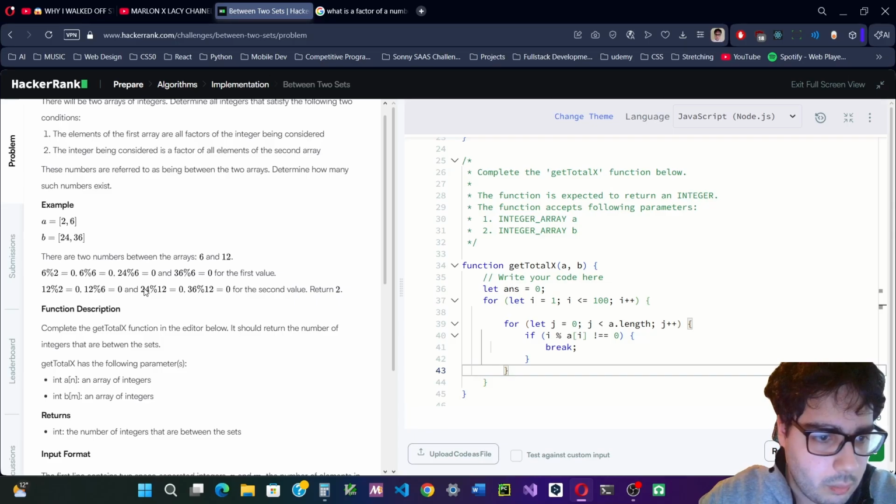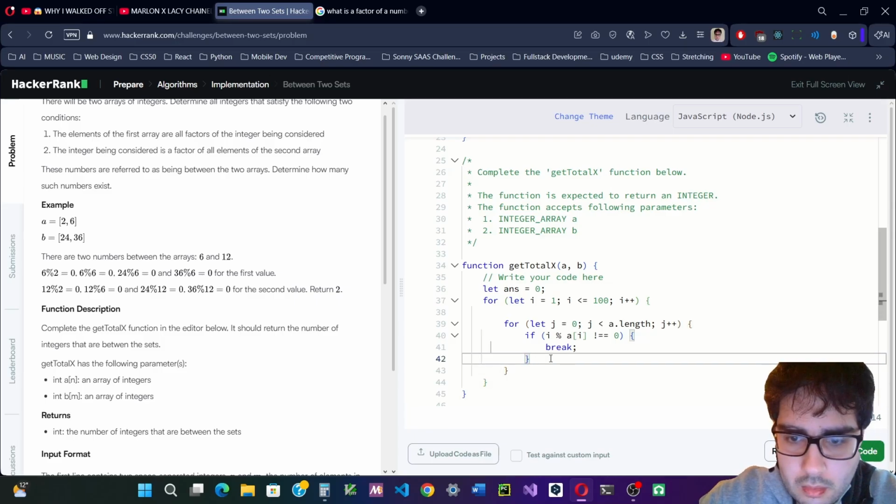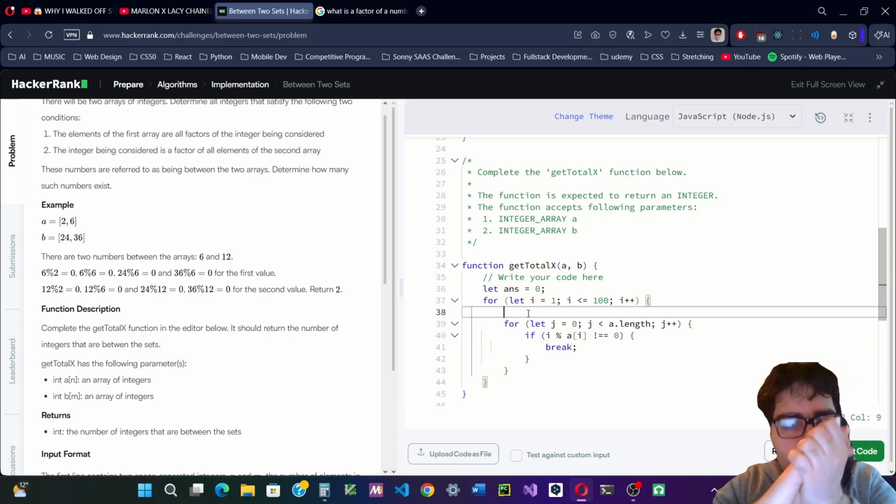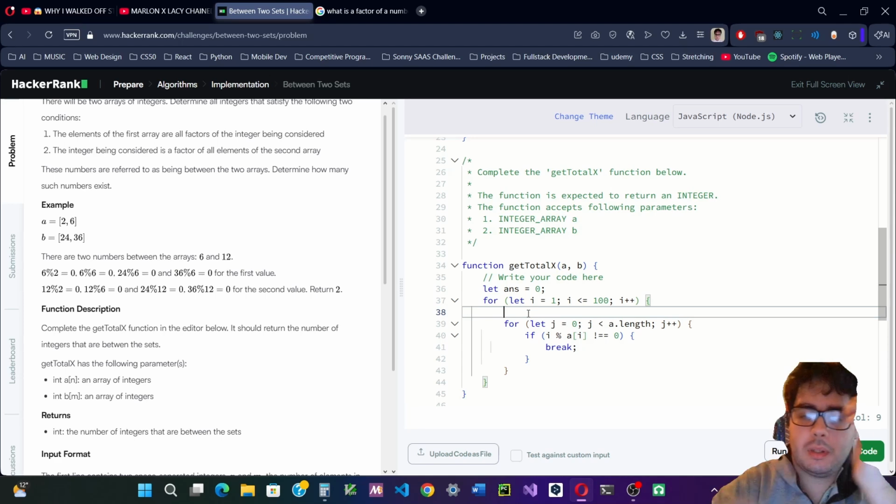When it's 6, 6 mod 2 is gonna be equal to 0. We need to keep this in an array or something.